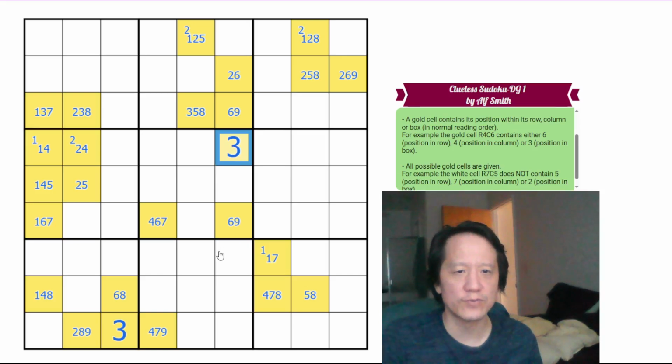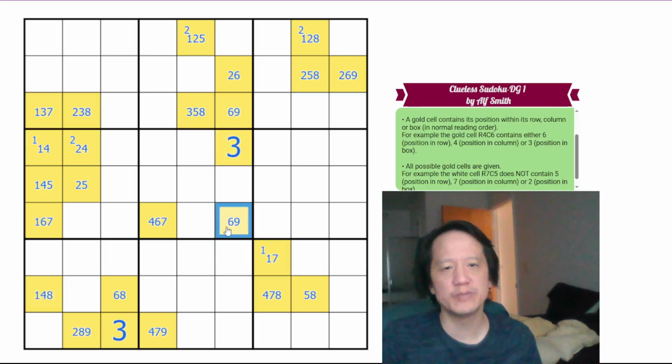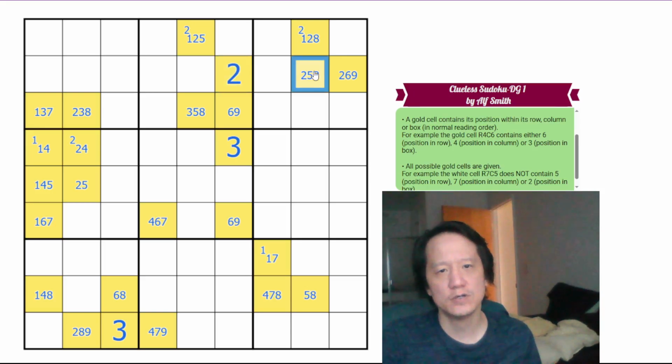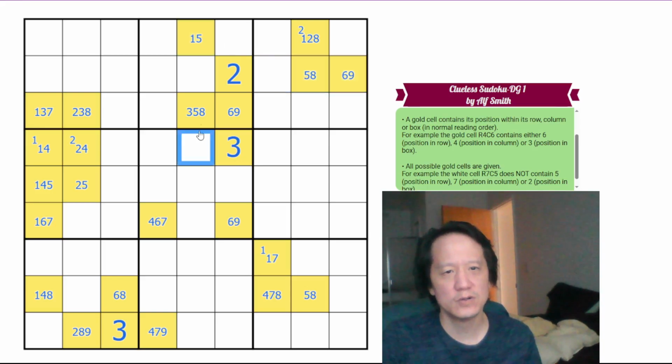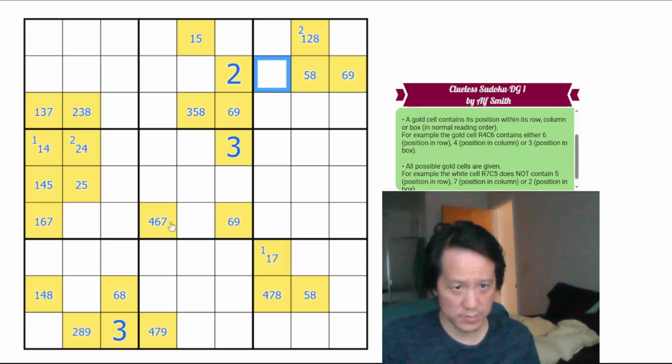We have the 3. 9 can only be in one of those positions. Oh, this is a 6-9 pair, which eliminates 6 and 9 in the rest of the column. So this can't be 6 or 9, this is 2. That means 2 cannot be here, 2 cannot be here. So 1 is one of these again. 2 has to be one of these two then.